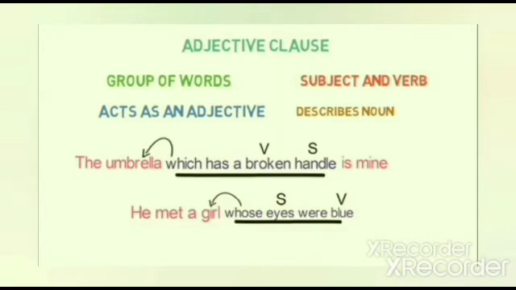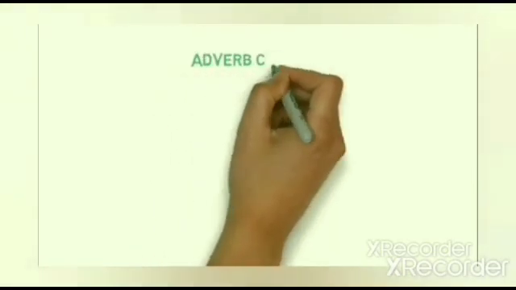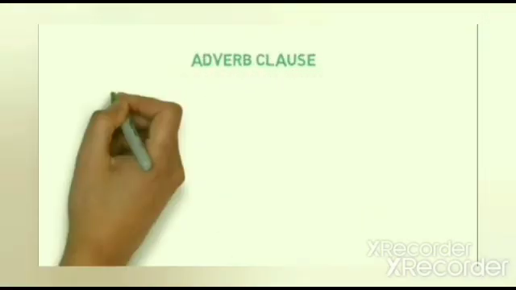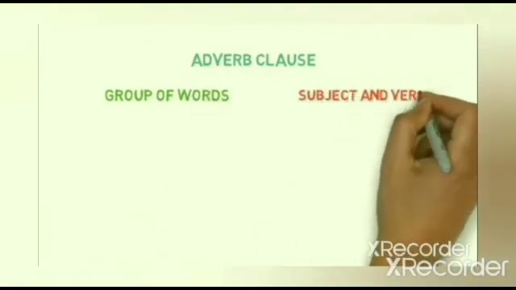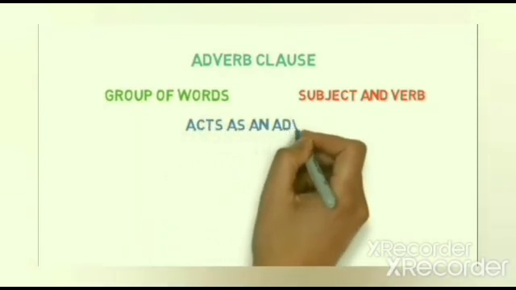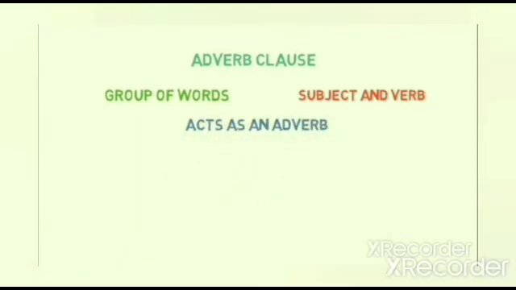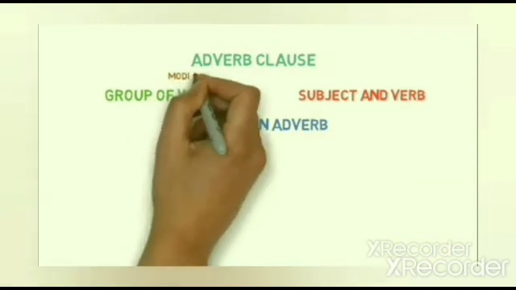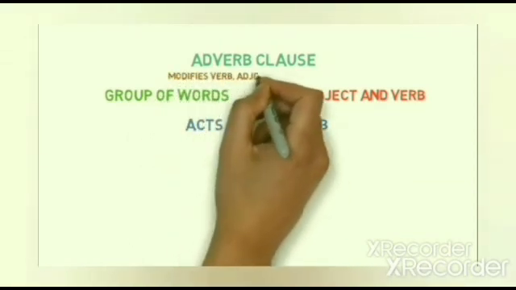Let's look into the next type of clause, adverb clause. An adverb clause is a group of words having a subject and verb of its own, and it acts as an adverb in the sentence. Now, what does an adverb do? They modify a verb, adjective or other adverb in the sentence, and so does the adverb clause.